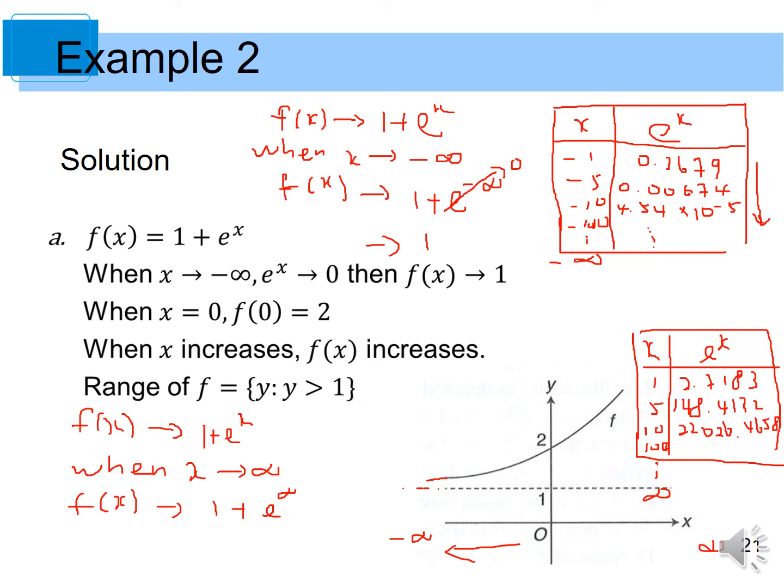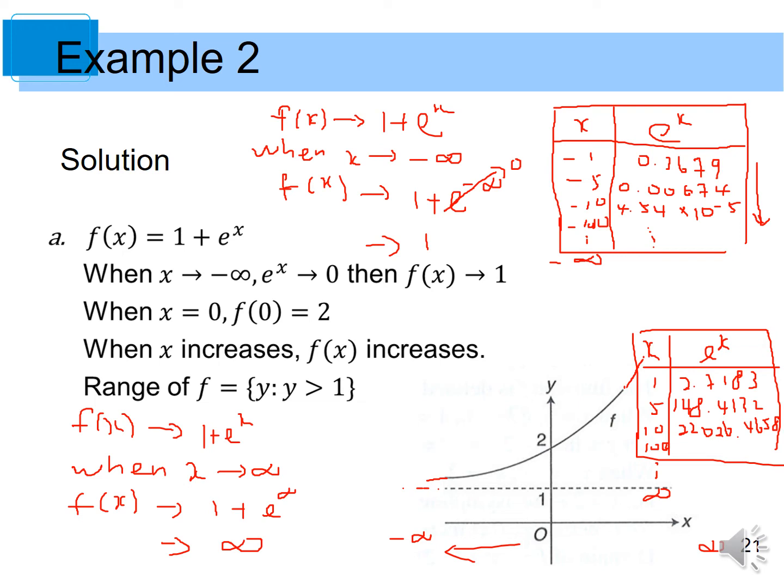So meaning that when x getting bigger, the output getting bigger, meaning that the curve will increase without bound, without limit. So will tend to infinity without limit.